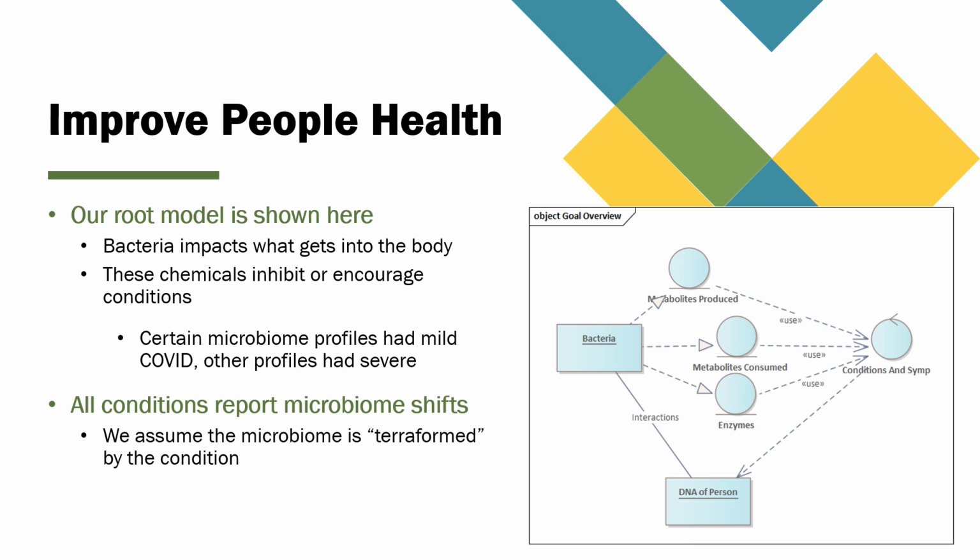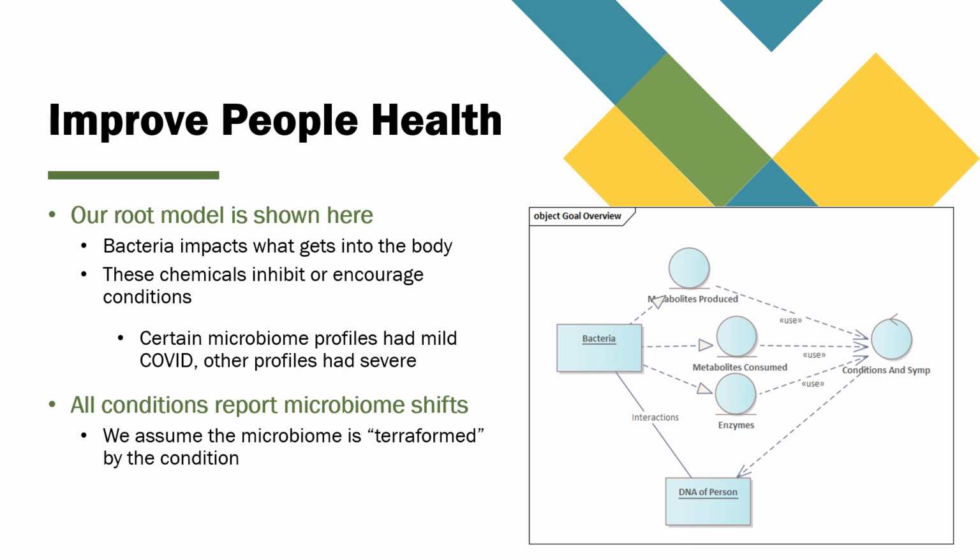Here's the interesting thing. With current studies, we find that just about every single condition has microbiome shifts associated with it. If you're a science fiction fan, you'll probably recognize the word terraforming. That is where the environment which the body is living in, the microbiome, is being altered by the virus or the bad bacteria to produce chemicals which it needs to live better.